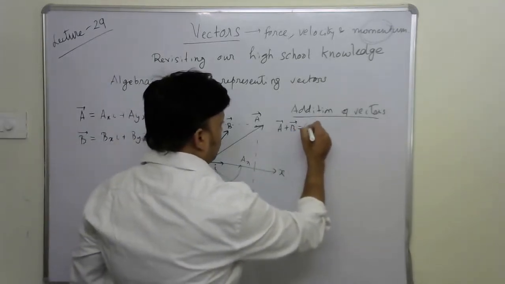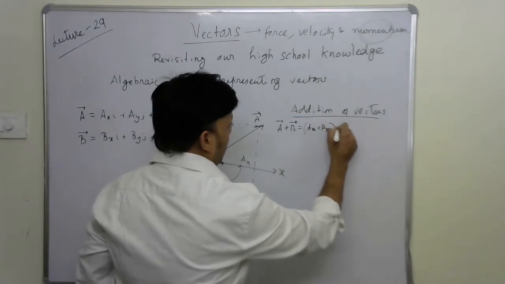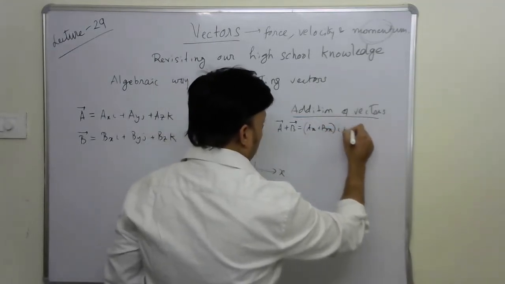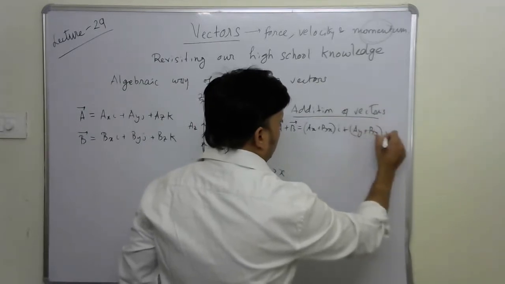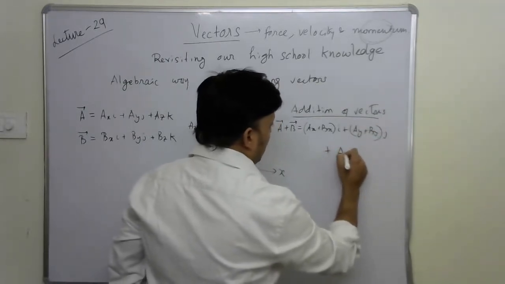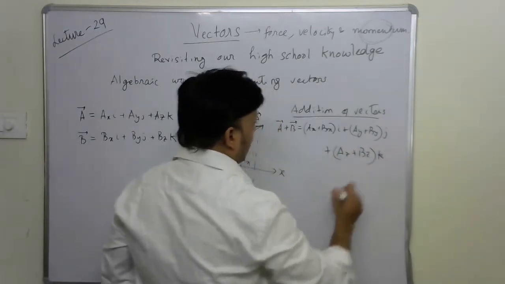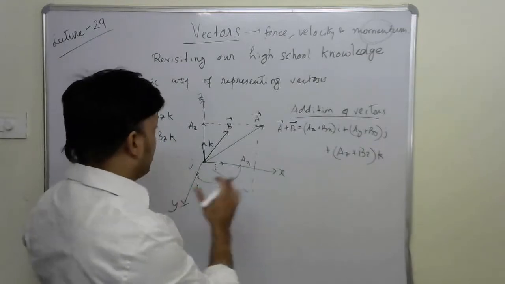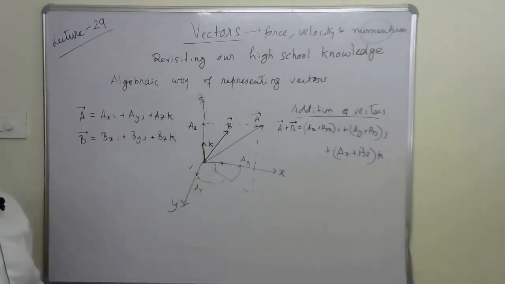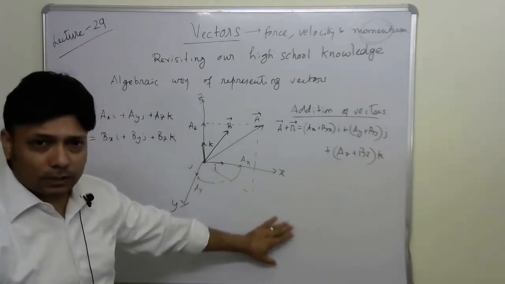So we do it like Ax plus Bx multiplied by i, and then plus Ay plus By multiplied by j, plus Az plus Bz multiplied by k. So this becomes the algebraic way of representing an addition of vectors. I hope that this much is clear now.